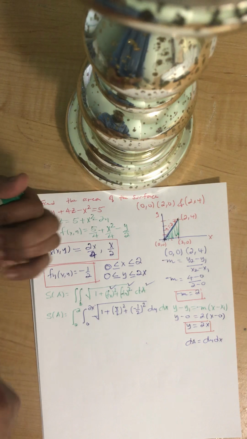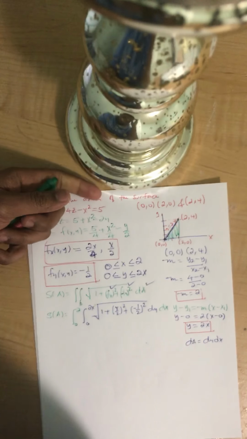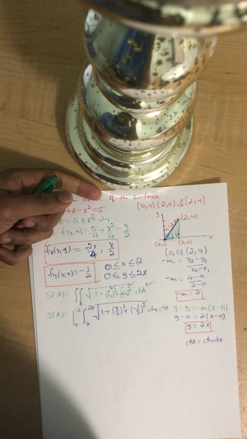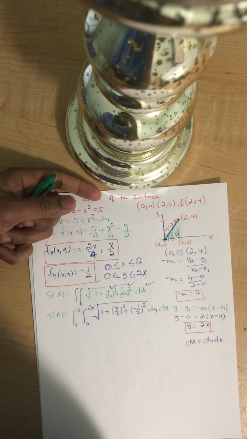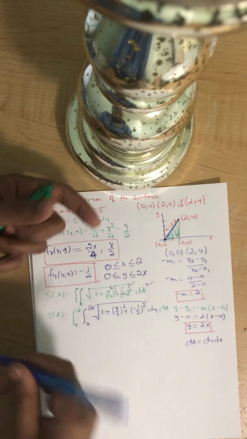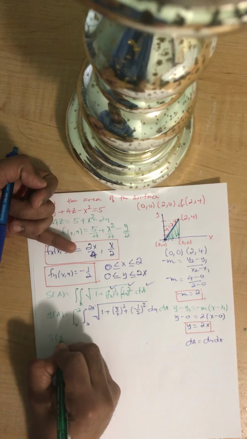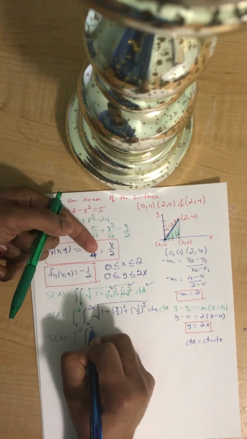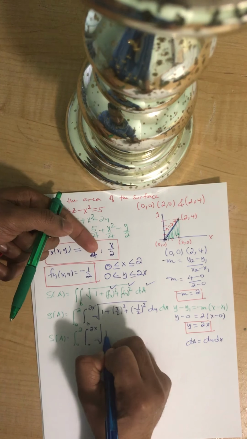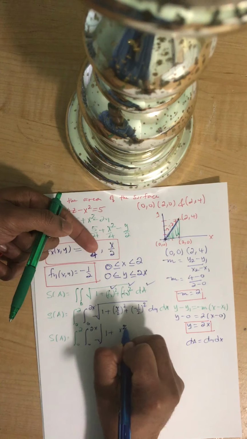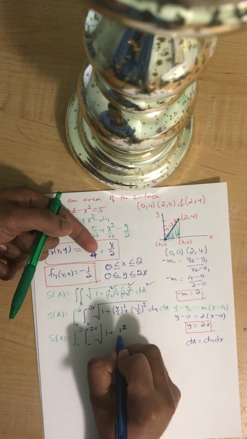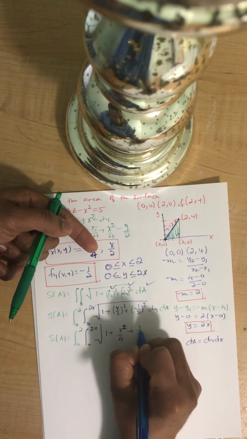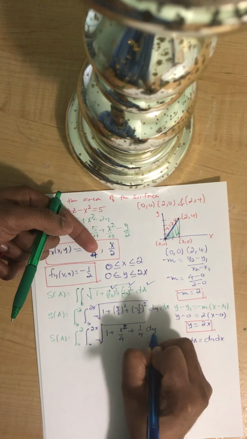All right, so now before we integrate the whole equation, it is better to simplify using algebra skills. So we're going to simplify the best we can to find a simple equation. So my surface area, 0 to 2, square root of 1 plus x squared over 4 plus 1 over 4, dy dx.